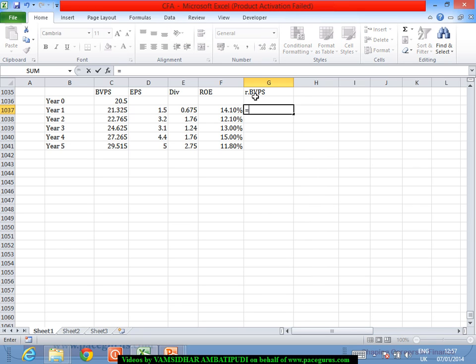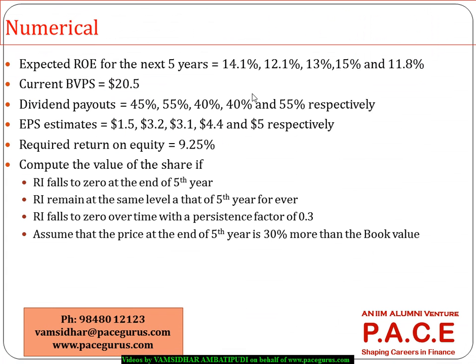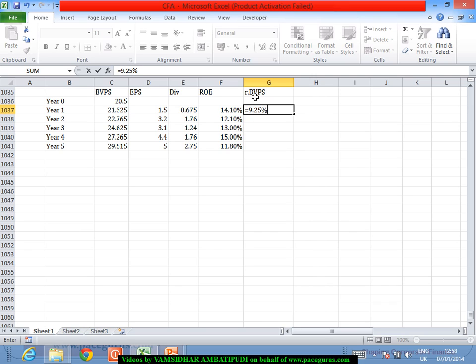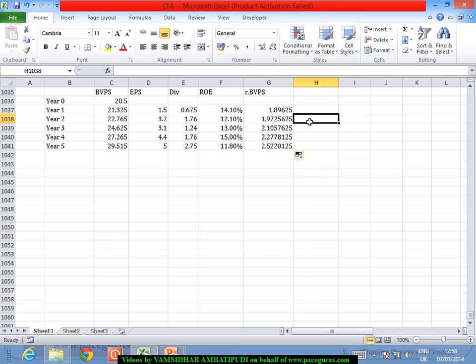So R into BVPS, R is a straightforward 9.25% for each of the years, 9.25% into BVPS at the beginning of the period. So this is the R times BVPS for each of the years.